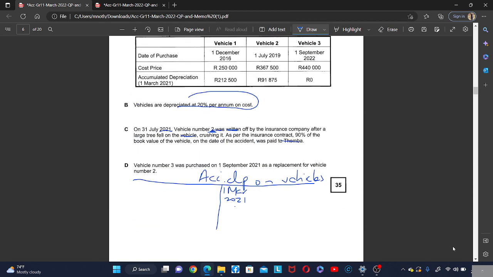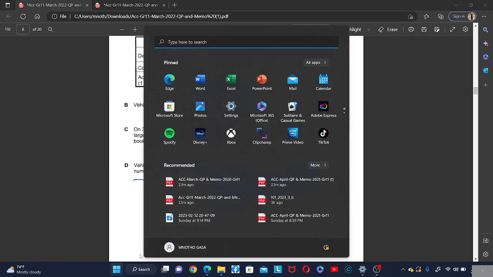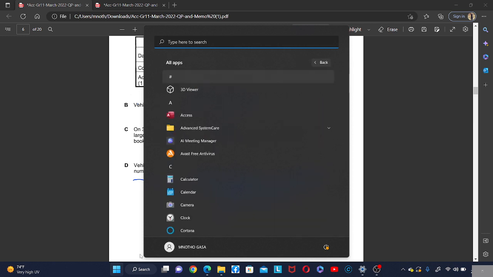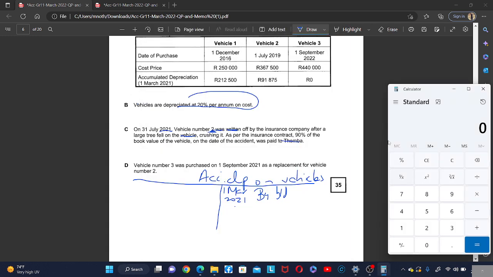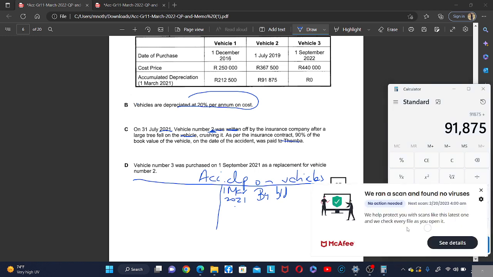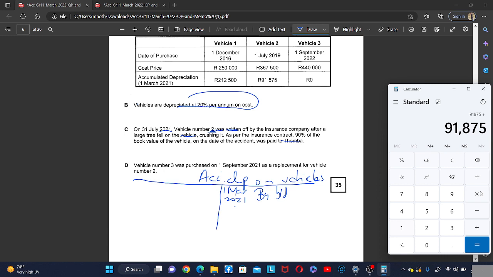So our balance brought down for the accumulated depreciation is going to be 91,875 plus 212,500.